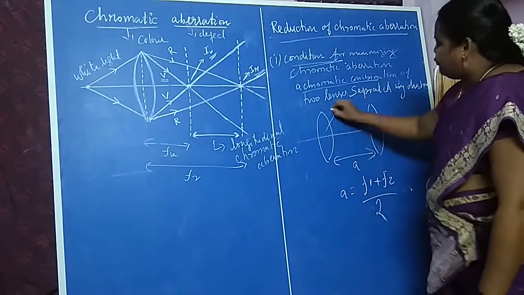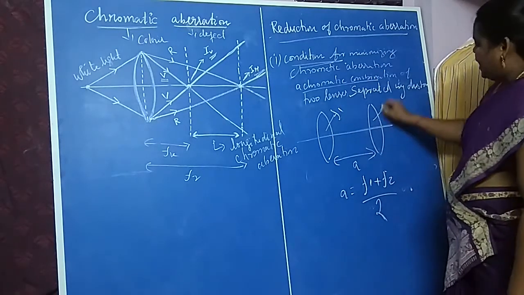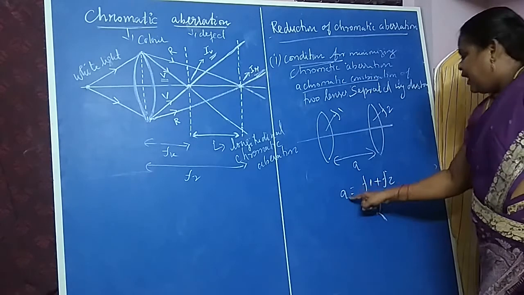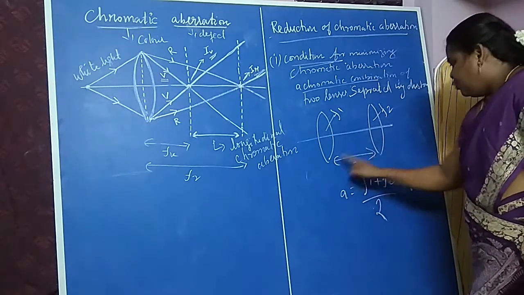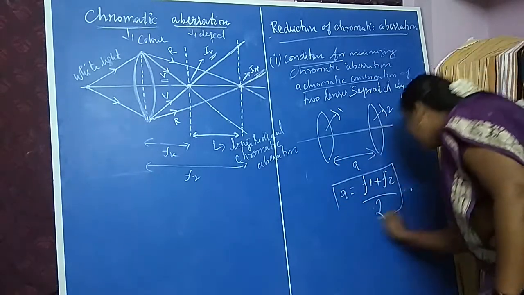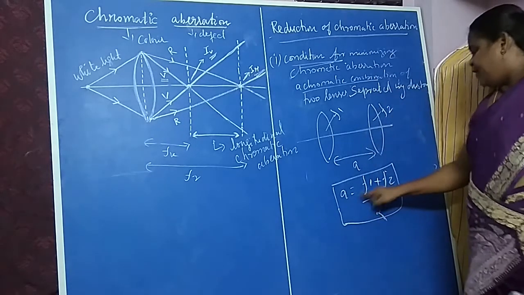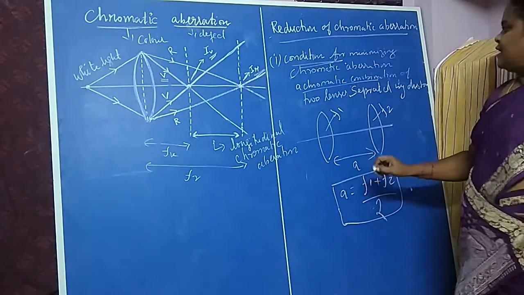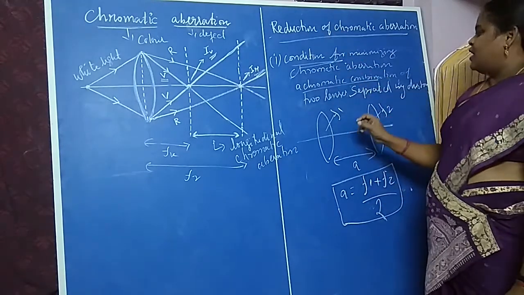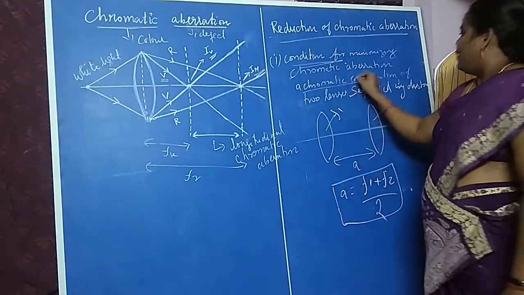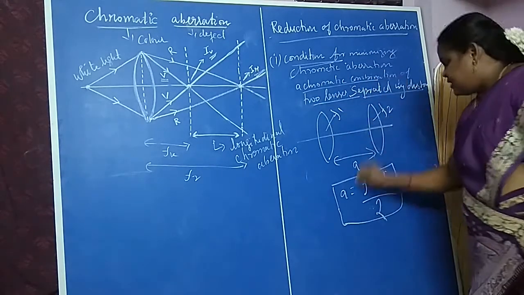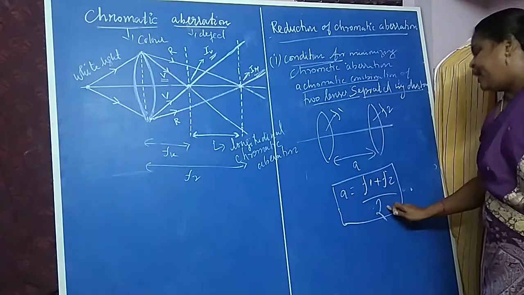Here f1 is the focal length of the first lens and f2 is the focal length of the second lens. So the separation a between the two lenses must satisfy this equation, a equal to f1 plus f2 by 2. This is the condition for reducing the chromatic aberration by achromatic combination of two lenses separated by a distance.